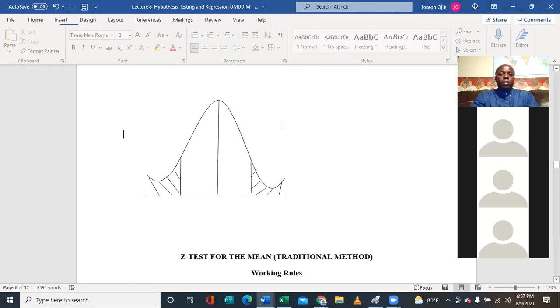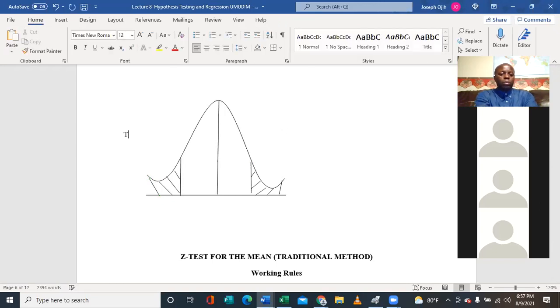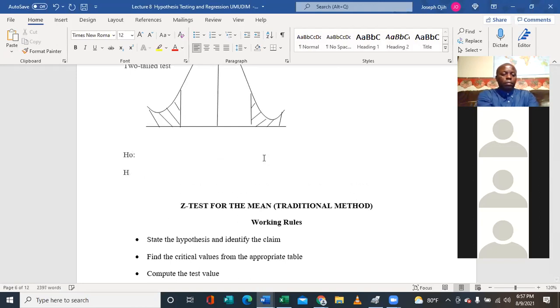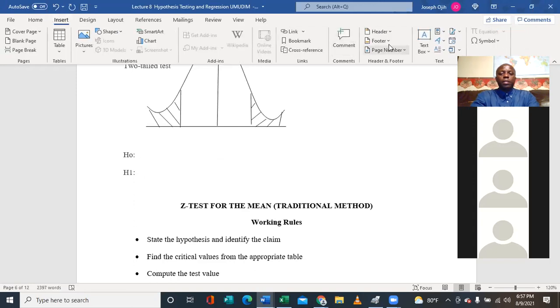Okay, this is a two-tailed test. Now this is how we state hypothesis for two-tailed test. H0 and H1. H0 can be mean equals K, where K can be any number at all.